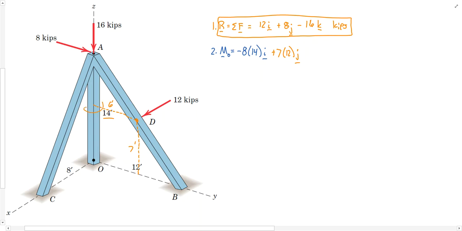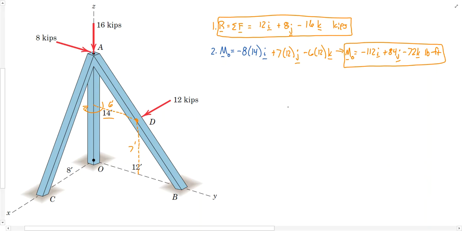It is going to produce a negative moment around the z-axis by the right-hand rule, so minus 6 times 12 in the K. And that would tell us that the moment around O is a minus 112 in the I, plus 84 in the J, and then minus 72 in the K. And the units are pound feet. So there's R and M.